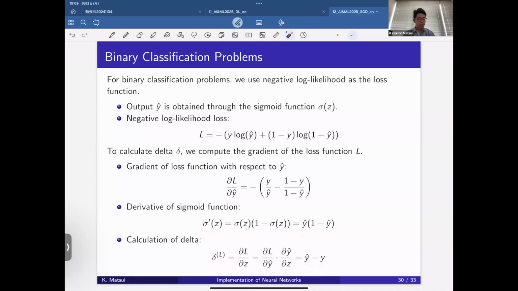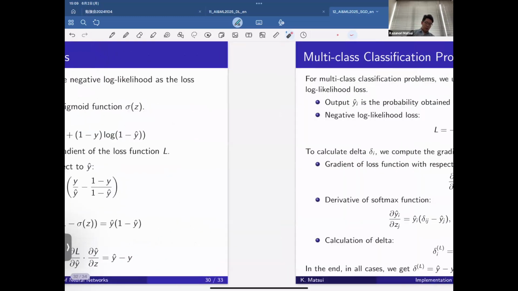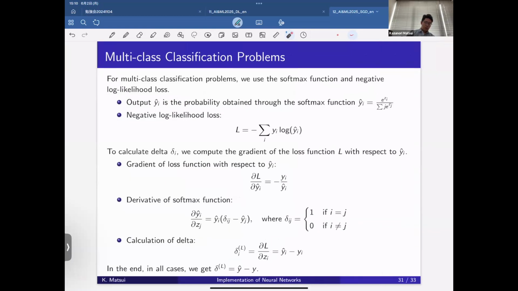So the delta for the output layer in the end becomes y hat minus y even in the case of log likelihood. So what happens in the case of multi-class classification problems?